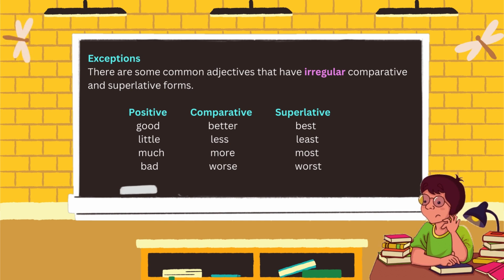Exceptions. There are some common adjectives that have irregular comparative and superlative forms. Positive, comparative, superlative.